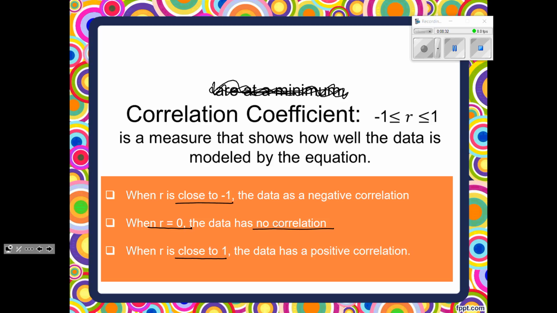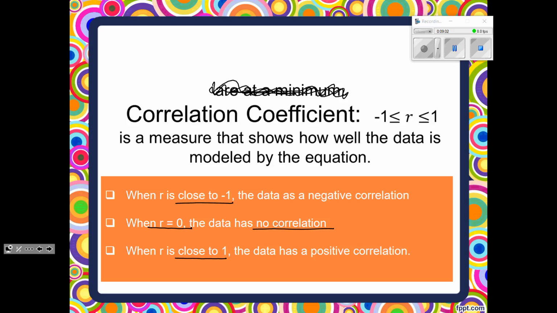Does that make sense? So it's like a good correlation, positive or negative. It's how well the line fits the points. Does that make sense? How well the line fits the points. And the whole positive and negative, if it's close to 1, then that just means it's a positive correlation. So the closer it is to 1, the better the line. Even if it's closer to -1, it can still be a great line.